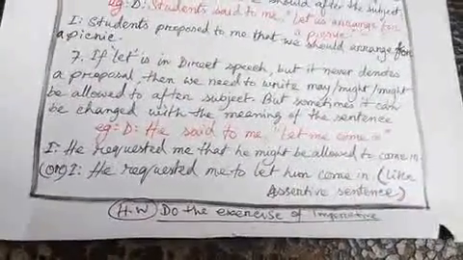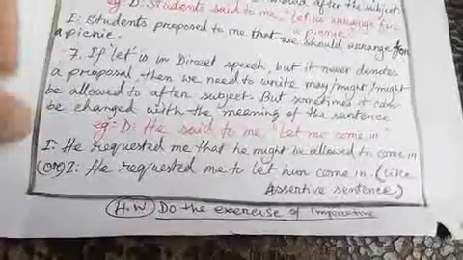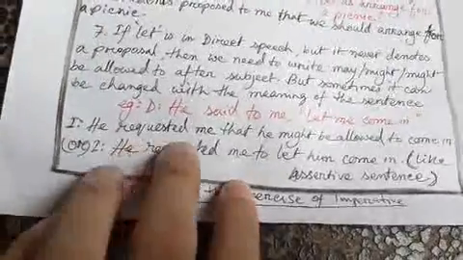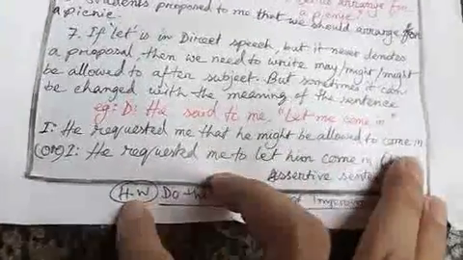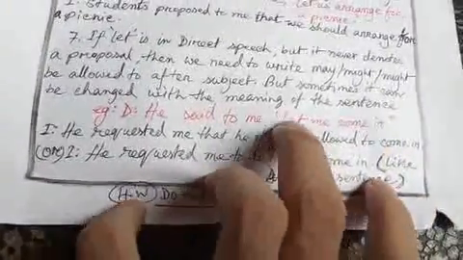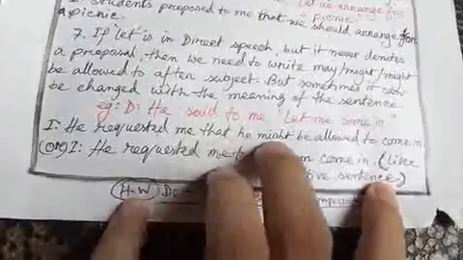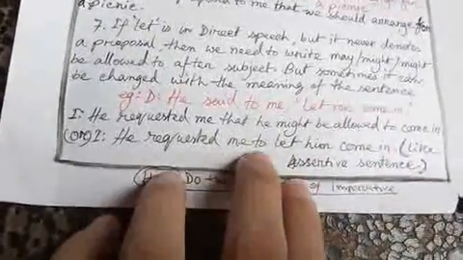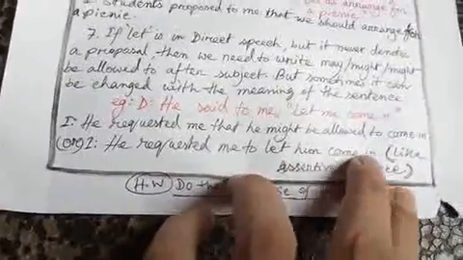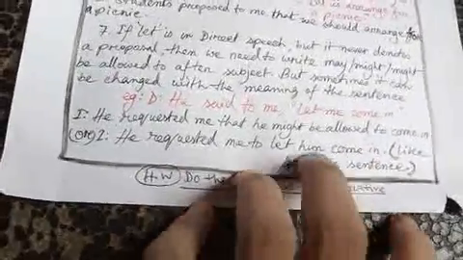What will be the changed form? He requested me that he might be allowed to come in. So instead of let, you should write down might be allowed to. Or if you write down he requested me to let him come in, this one is also right. It's like an assertive sentence.